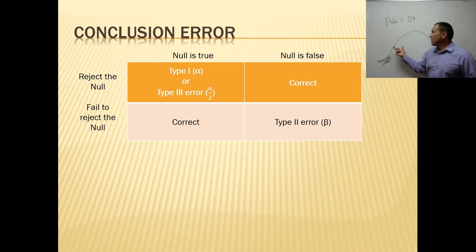Now, where we have to be careful in our language is that if we were to say the odds of me being wrong, or the odds that my study is wrong, is 4%, that is not true, because remember, we don't know on a single study or a single case. All we know is the long run. In the long run, I'm going to get a value of 98 4% of the time.